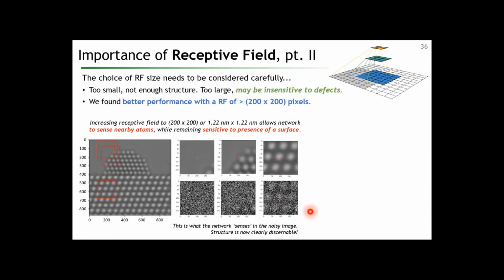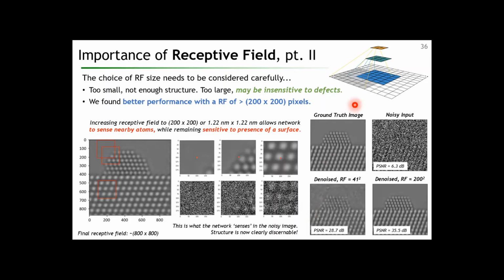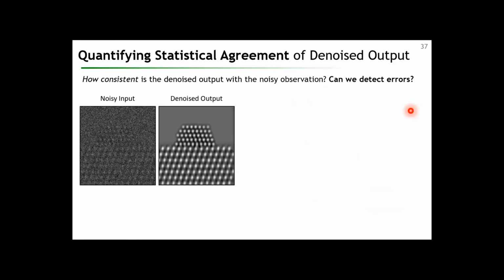And so we did some benchmarking with these different receptive fields. The final receptive field that we chose was 800 by 800. And so here's a ground truth simulated image and the noisy input. And the way that we quantify the performance is through the PSNR, and you can see it's going up as we increase the receptive field.